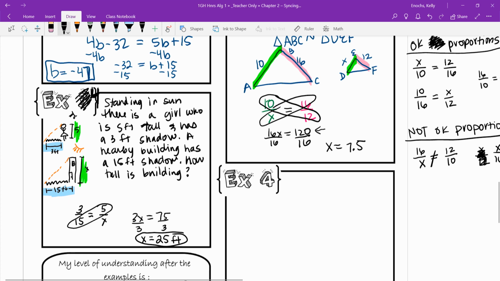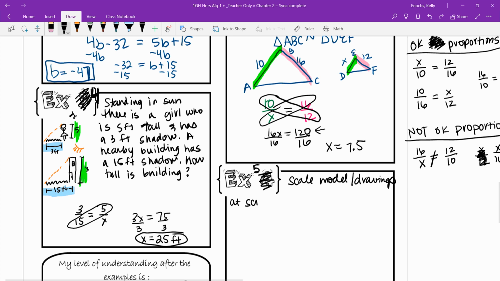Okay. Our last example has to do with scales, scale models, scale drawings, etc. And for that one, we don't actually need a picture, but we're going to set up a proportion based on the information they gave us.